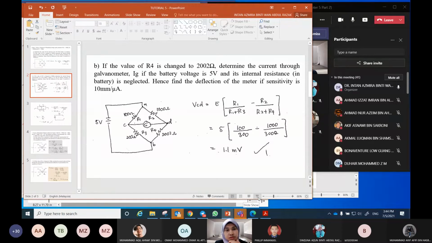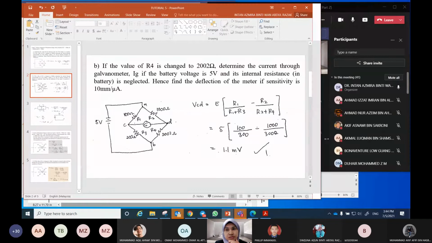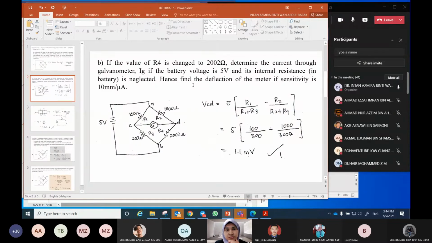So the question is to find the current. How to find IG? Ahmad Nur Azim, how to find IG? Yes, doctor. Determine the IG. What is the procedure, or the steps, to find IG? Cari dia punya effective resistance.